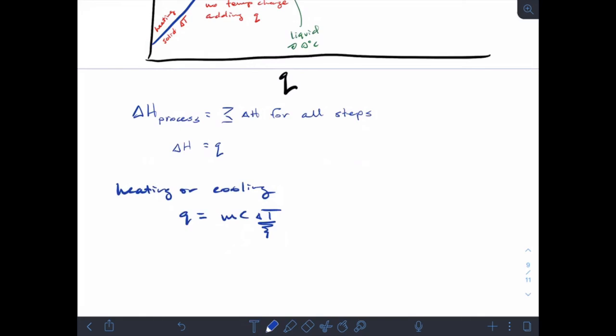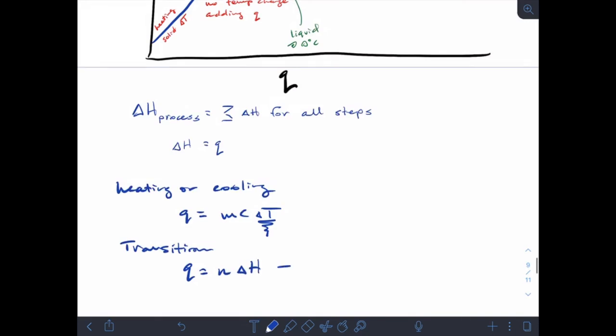If I'm in the transition, I've got Q equals n delta H. Okay, and this is for the change of phase. Right, so solid to liquid, liquid to solid, or liquid to gas, gas to liquid, the delta H depends on which direction you're going, and that will dictate the sign on H.